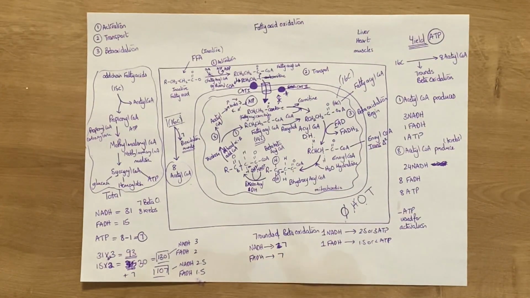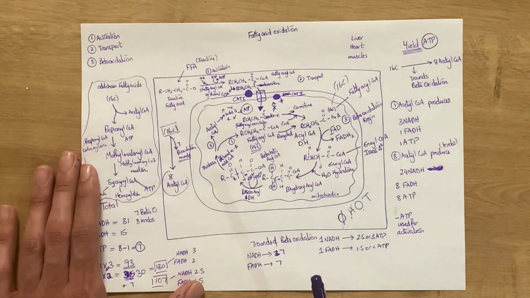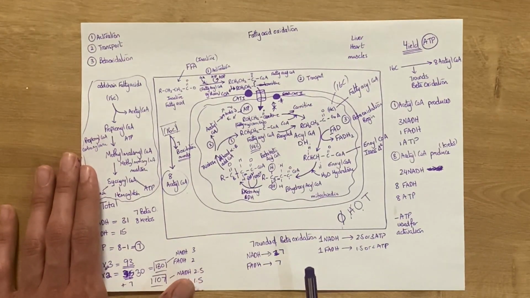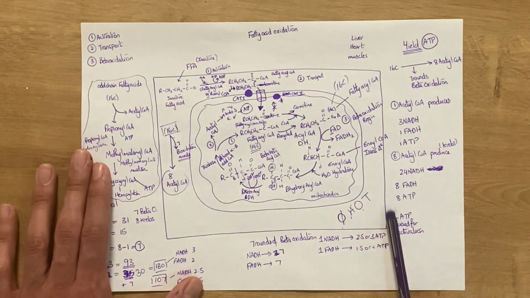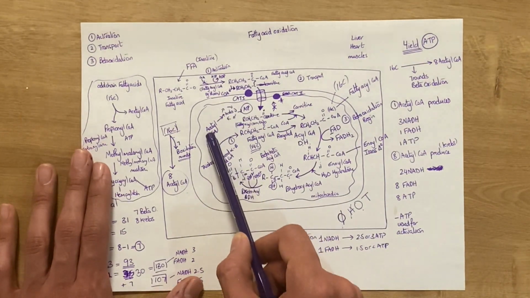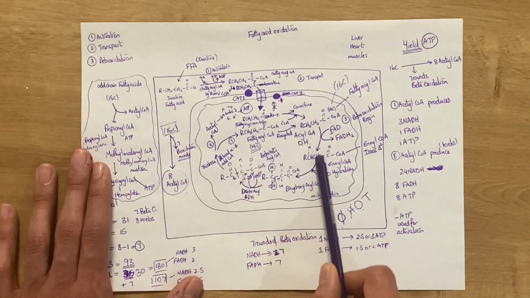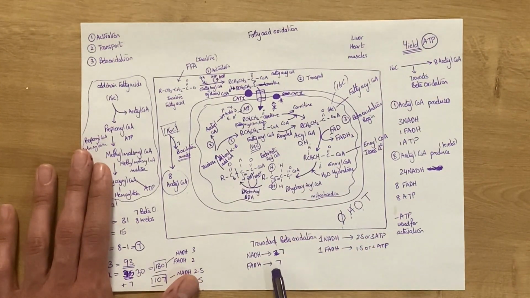Now we have to figure out how many of these products are produced in the beta oxidation. So the Krebs cycle is basically this part right here. You see, we generate acetyl-CoAs to go into the Krebs cycle, but we also generate products in the beta oxidation itself. So we have to know how much of each product is produced in the beta oxidation.